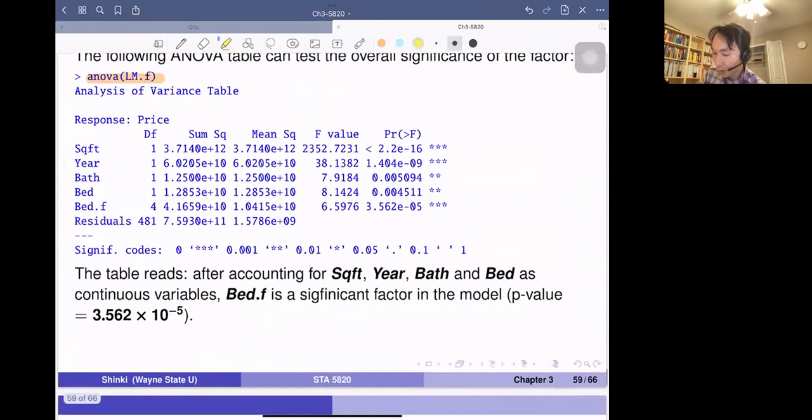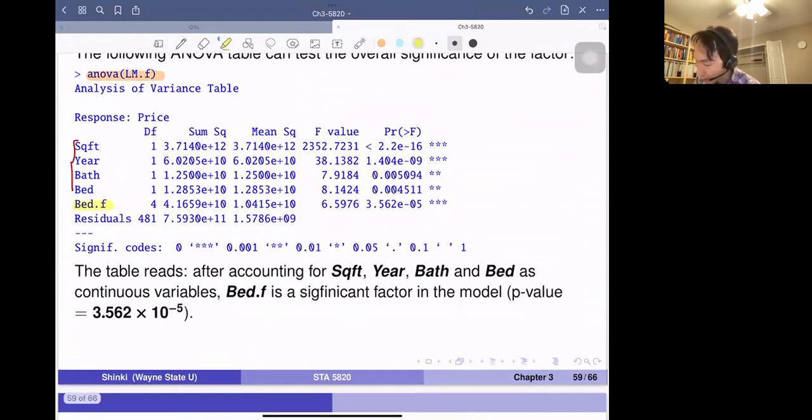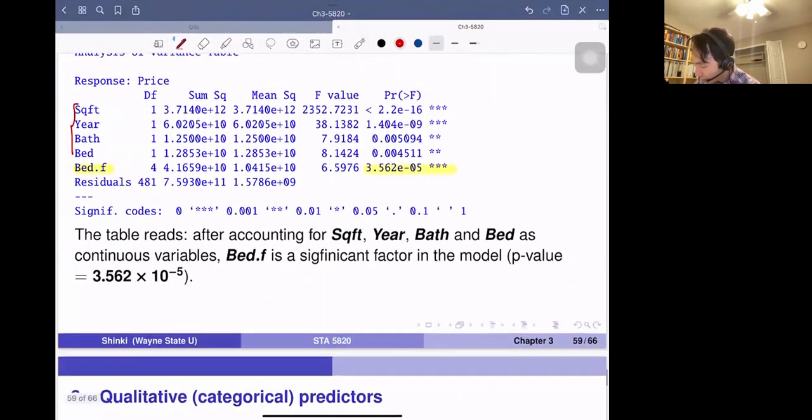And actually the ANOVA can do this, and the bedroom as a factor has additional information beyond these 4 variables. You can see, because the overall p-value is 0.10 to the power of 5, so 0.00003.